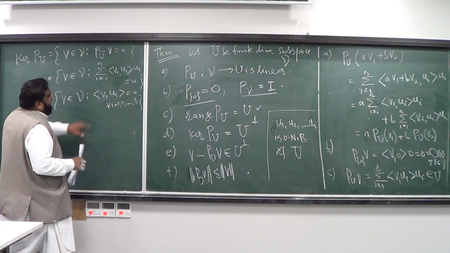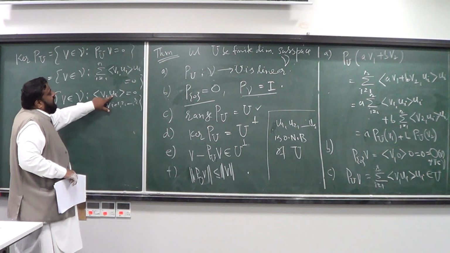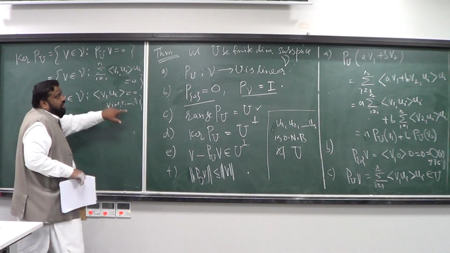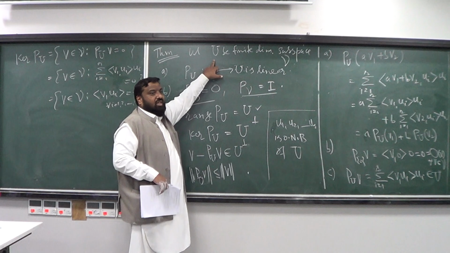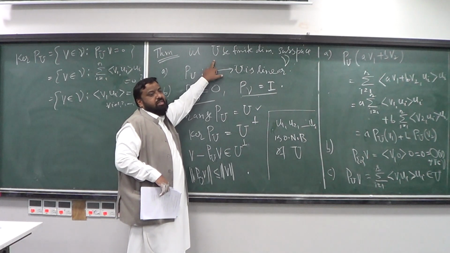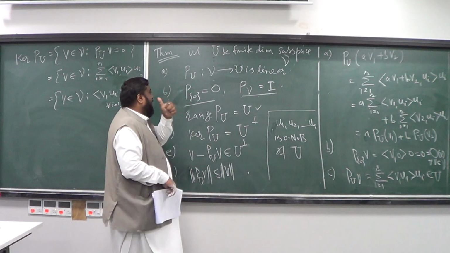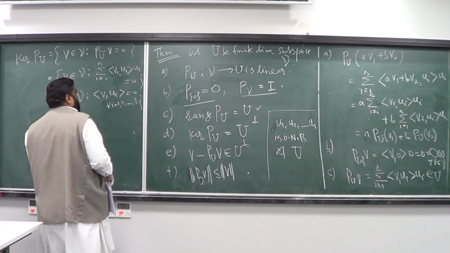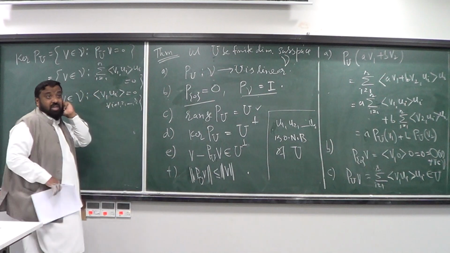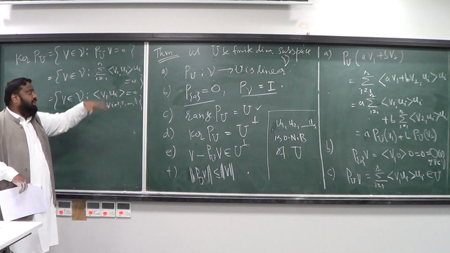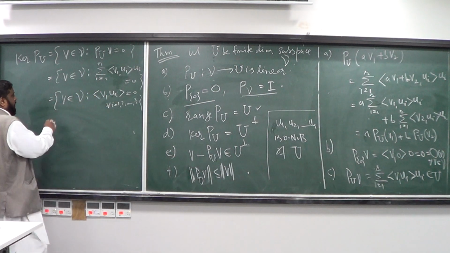This shows that v is orthogonal to the basis of the subspace U. If it is orthogonal to the basis of U, then it is orthogonal to all vectors in U for sure, because all vectors are linear combinations of the basis vectors. If they are orthogonal to the basis, they are also orthogonal to all linear combinations.